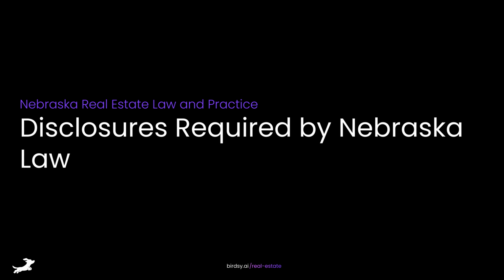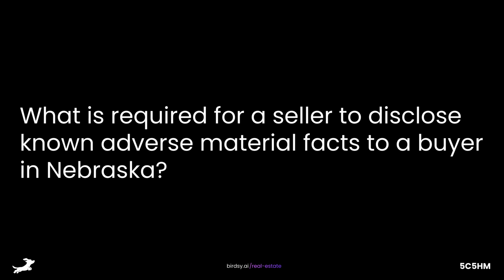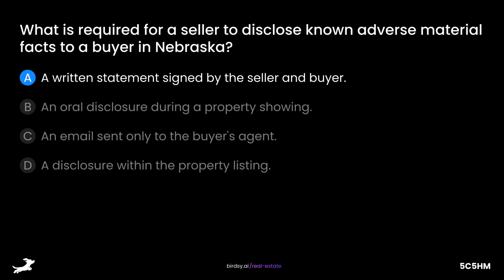Disclosures required by Nebraska law. What is required for a seller to disclose known adverse material facts to a buyer in Nebraska? Is it A, a written statement signed by the seller and buyer? B, an oral disclosure during a property showing? C, an email sent only to the buyer's agent?